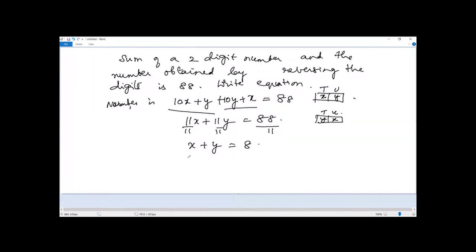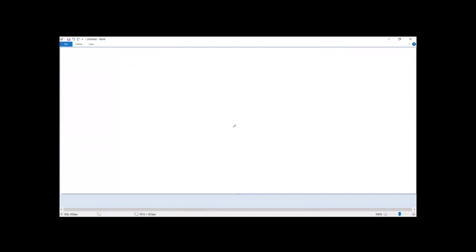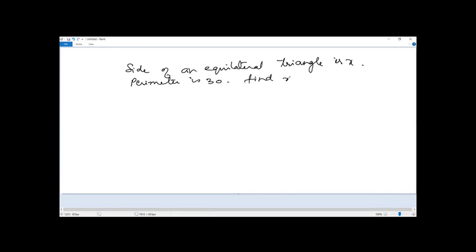Next one, last question. The side of an equilateral triangle is x. Perimeter is 30. Find the value of x.